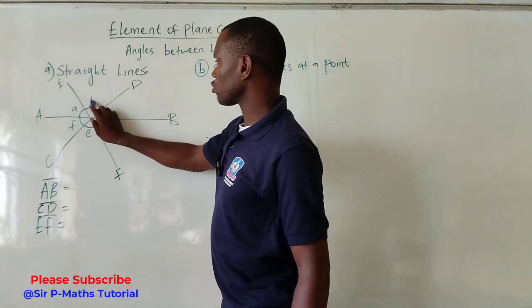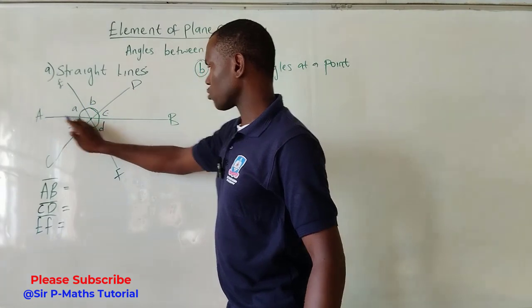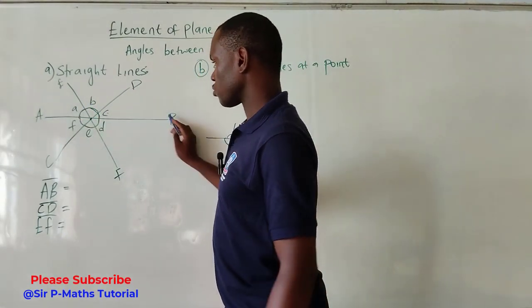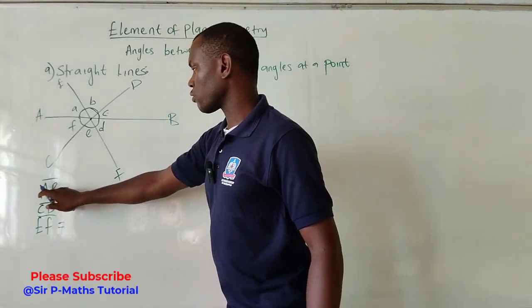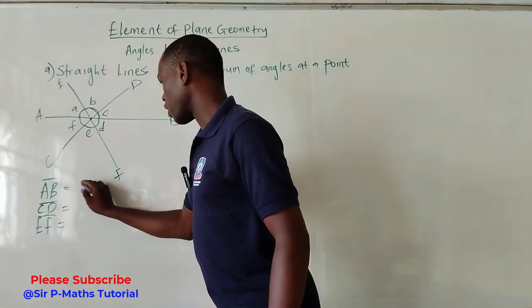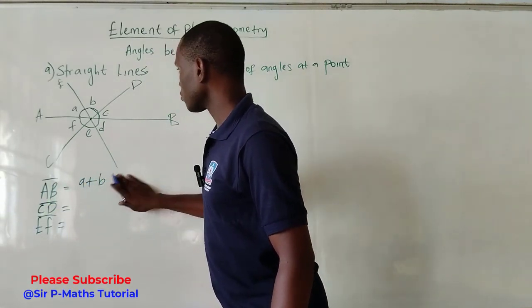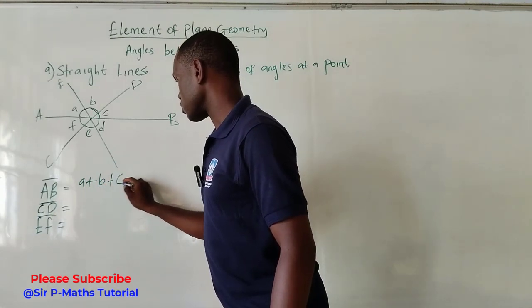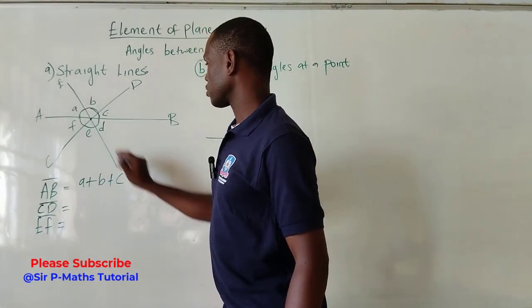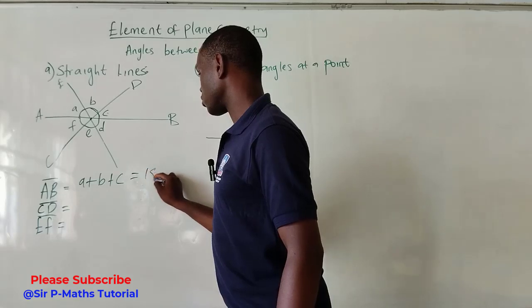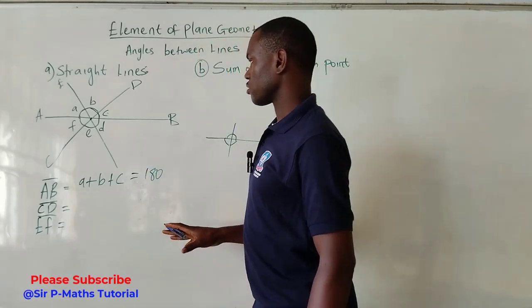If I sum 1, 2, 3, I will obtain the total angle formed on this horizontal line. So to get the angle from that line AB, I will have A plus B plus C. If I add these three angles, they are equal to 180 degrees, all right?